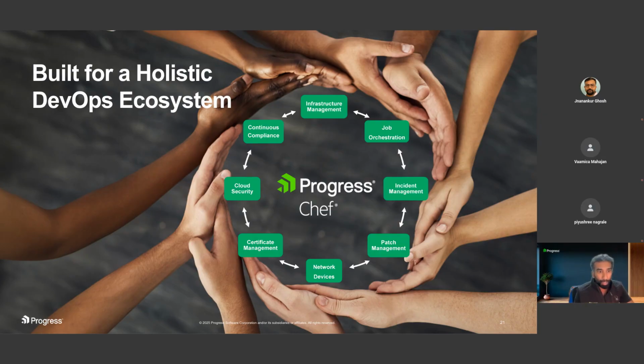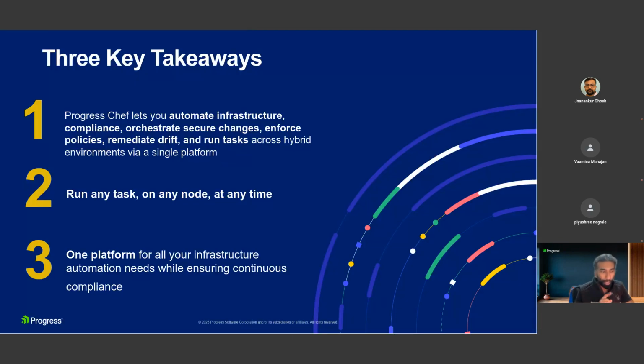With that, I want to do a quick takeaway. I want to take a moment to recall what we have spoken about now as some of the important highlights. If you are on the lookout for automation of your operations or in need to optimize your automation, Chef is your answer.